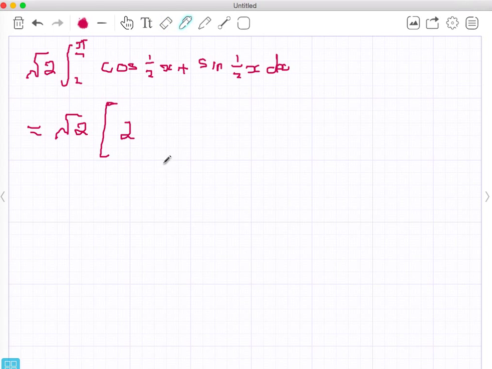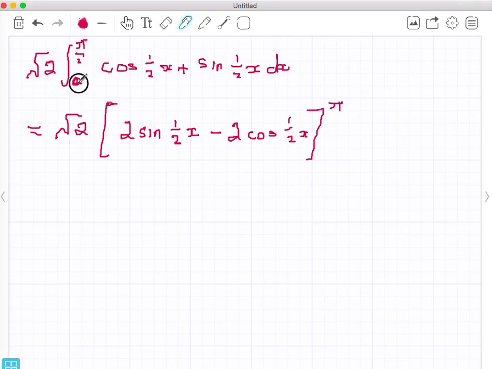So this one integrates to 2 sine half x, so it was the easy part. And similarly, this one is going to give me minus 2 cos a half x. Remember, it's a non-calculator paper, so I need to know this. My limits: pi over 2 is going to go in, and 0 is going to go in.